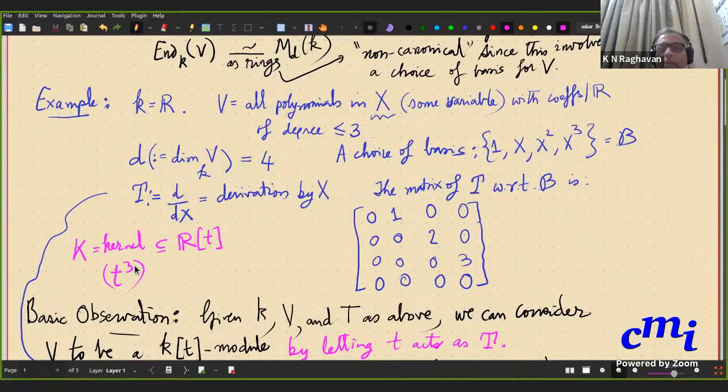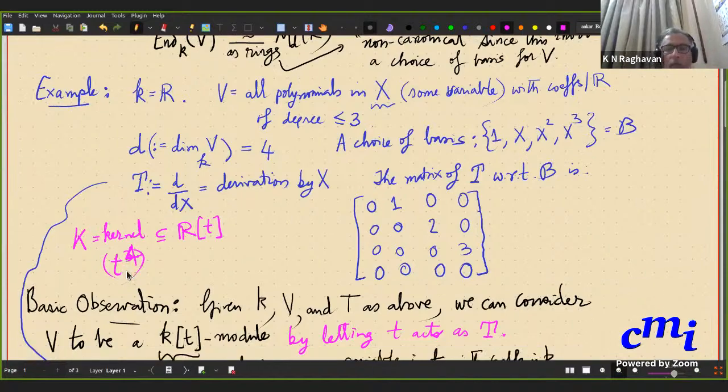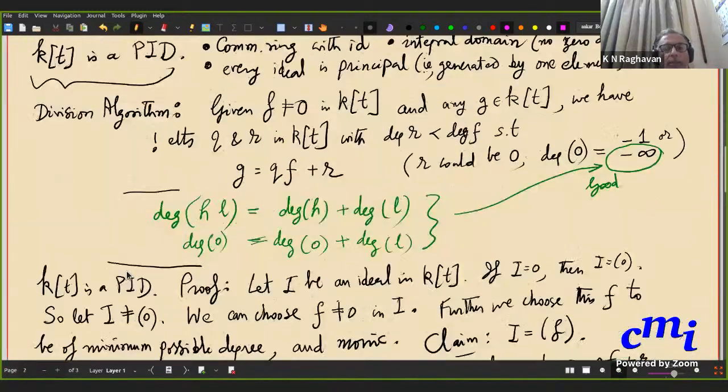Oh, sorry, I made a mistake. It's T4. T3 also is non-zero because this X cube, if I act theta 3 times, I'll get 6, right? First derivative is 3X squared. Second derivative is 6X. Third derivative is 6. So it's actually T to the 4. Okay. Now, what is the answer to this question here?